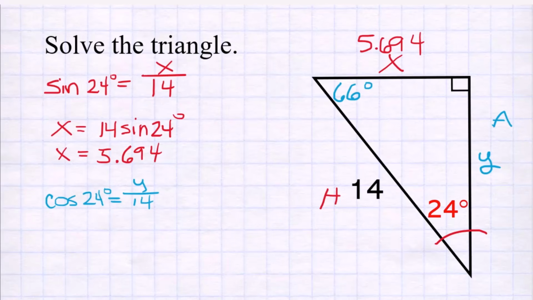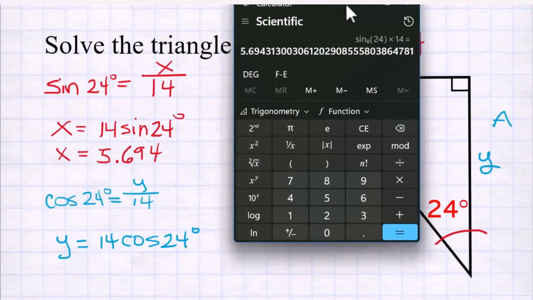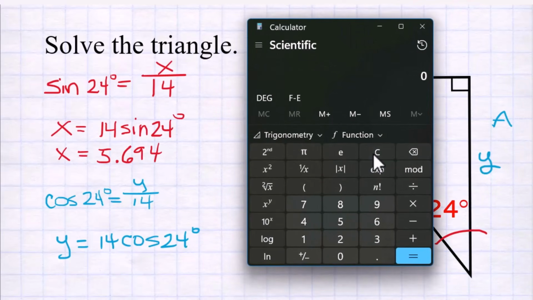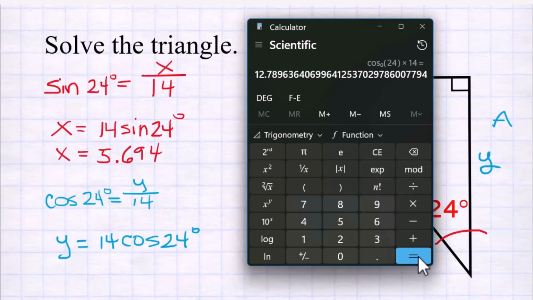Same maneuver. Y equals 14 cosine 24 degrees. Bring the calculator back. Clear that information. 24 cosine. Multiply that times 14, and there's our answer, 12.789, but the 6 bumps the 9 up, which bumps the 8 up to 9.